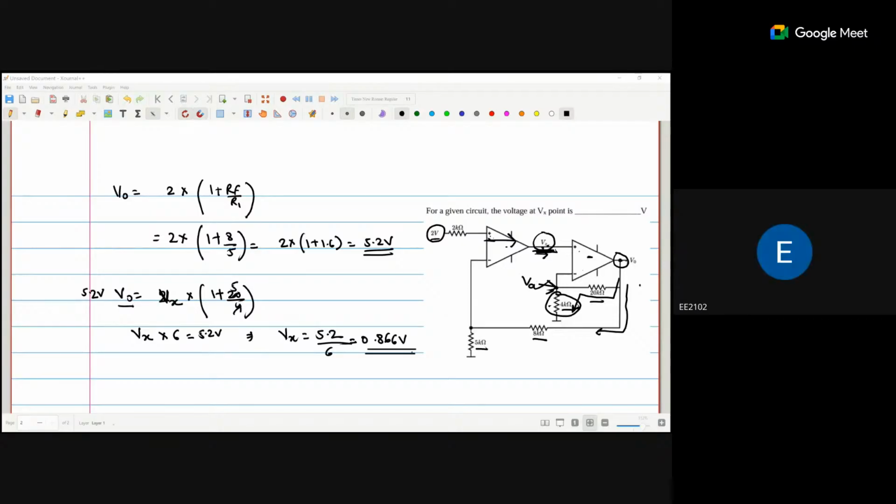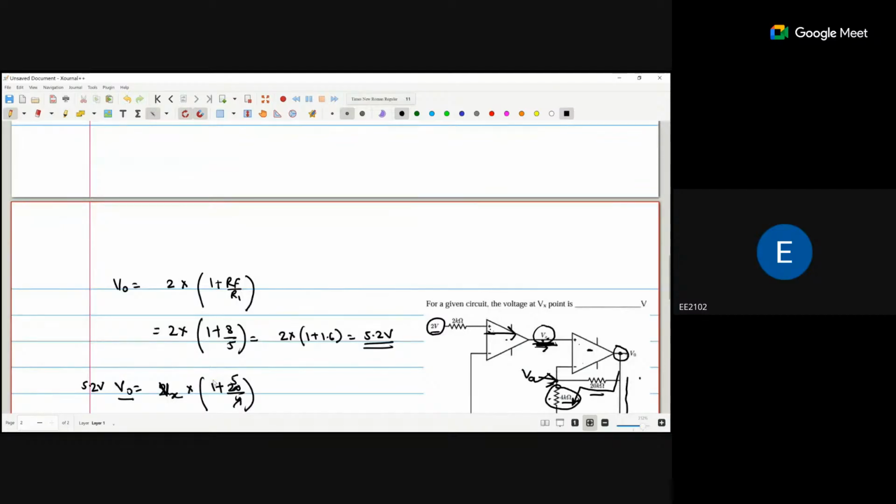Week 3. Sir, AC coupling. Question number? Sir, it's the topic AC coupling. Okay, I just note down the topic. Any doubt related to the question? First of all, we do that.